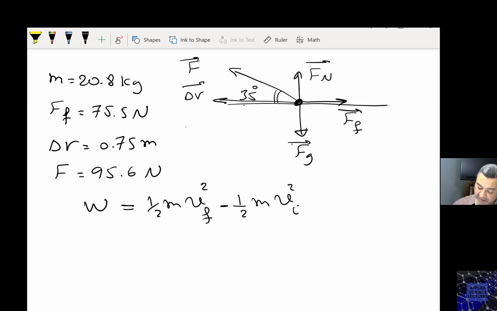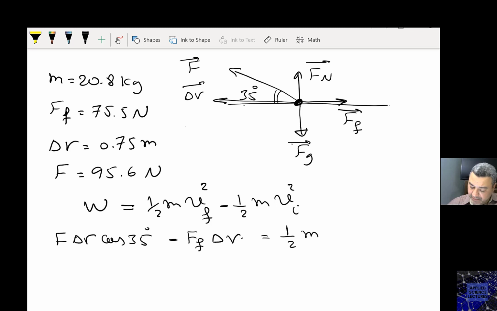So if I am now to write the total work due to F and due to Ff, it will be F delta R cosine 35 degrees minus Ff delta R, and this equals half m v final squared minus half m v initial squared.